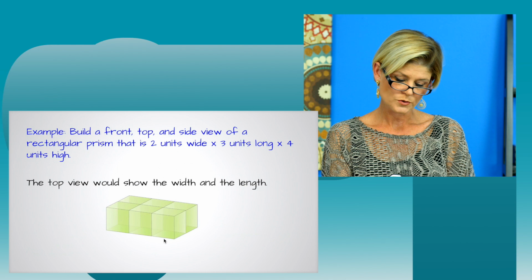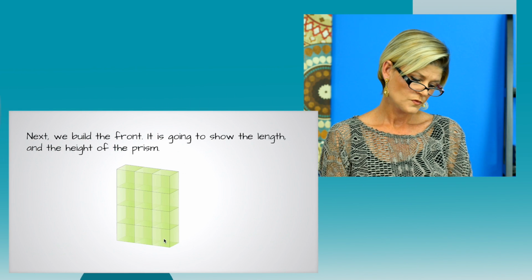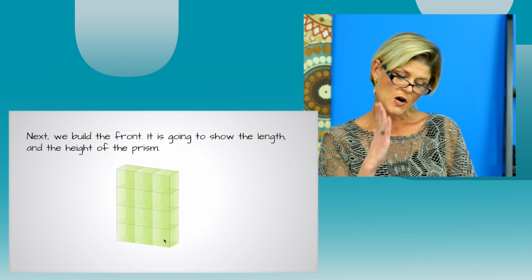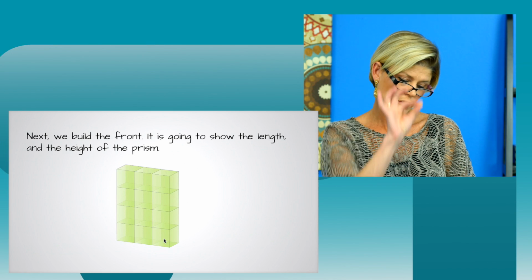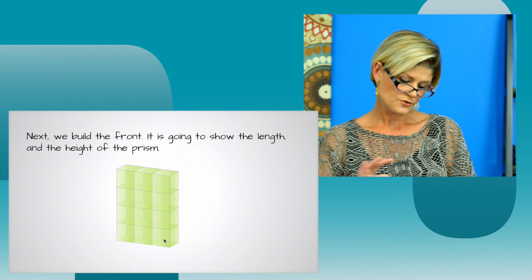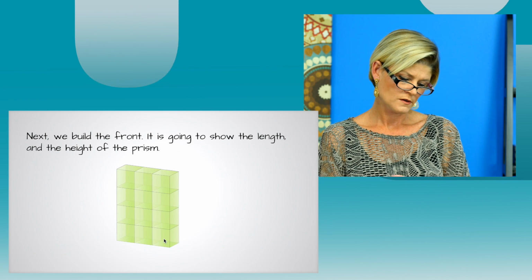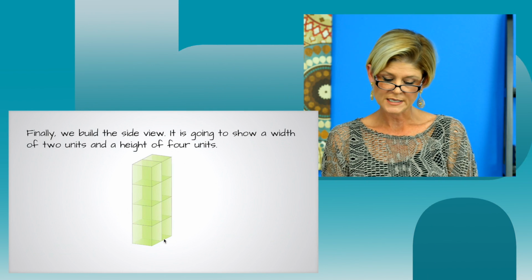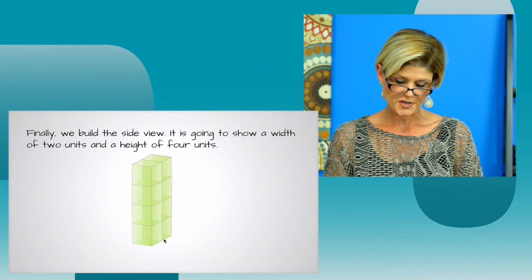So the top view would show the width and the length, like the figure shown there. And then next we would build the front, and it's going to show the length and the height of the prism. You can see it's 4 and 3, 4 for the height and 3 for the length. And then finally we would build the side view, and it's going to show a width of 2 units and a height of 4 units.